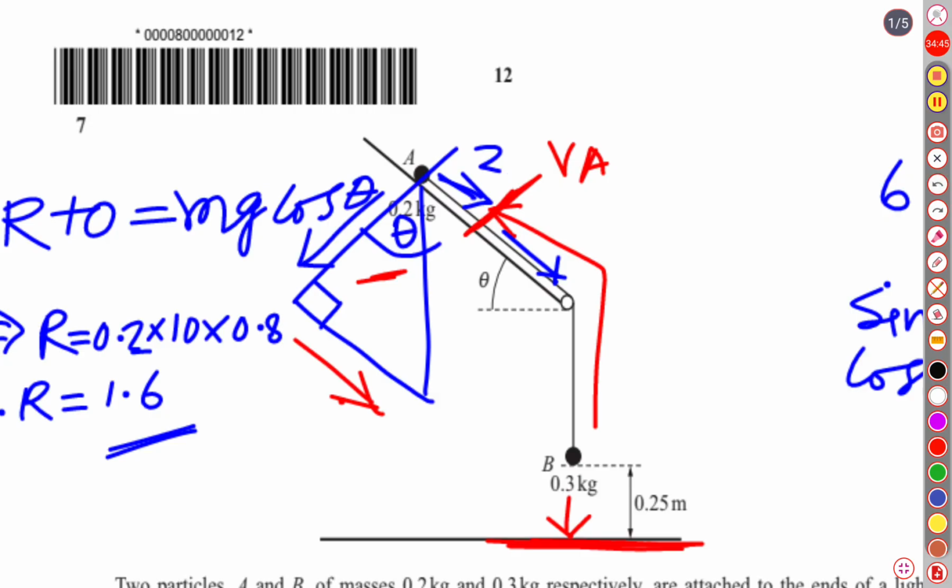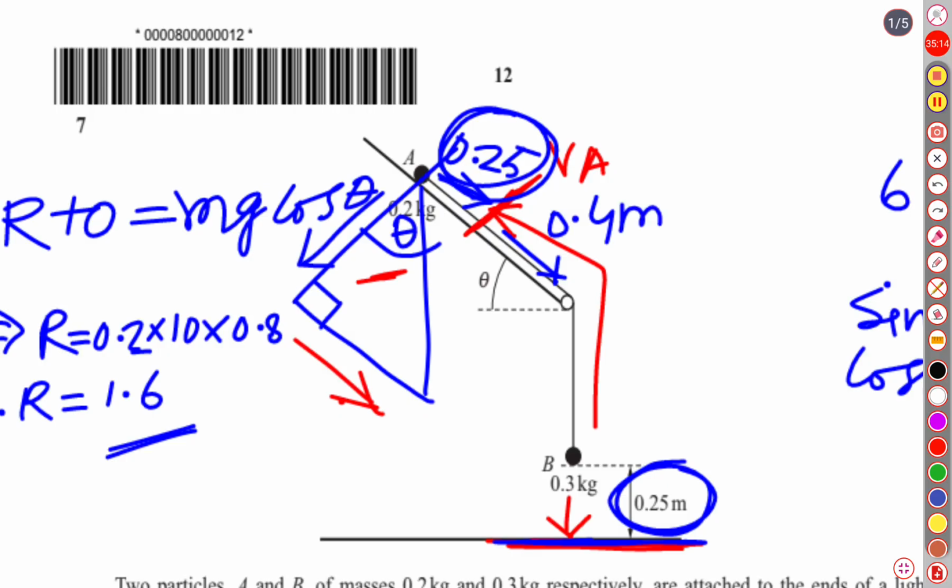Each of the particles traveled the same distance when B reaches the ground. If B traveled 0.25, A was definitely traveling 0.25 meter as distance. So before B reaches the ground, 0.25 meter was traveled by everyone, and after B reaches the ground, only A traveled 0.4 meter distance. So now the total distance is 0.4 plus 0.25 meter.